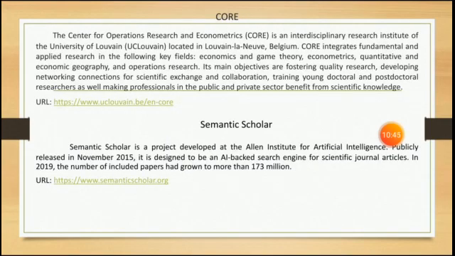Then we have CORE, that is the Center for Operations Research and Econometrics. The students who are interested in operations research, economics and mathematics can go to this website, an interdisciplinary research institute having integrated fundamental and applied research in the field of economics and game theory, econometrics, quantitative and economic geography, and operations research.